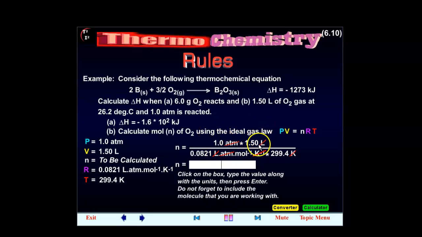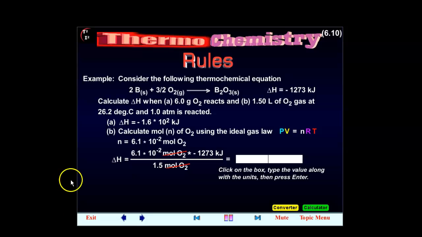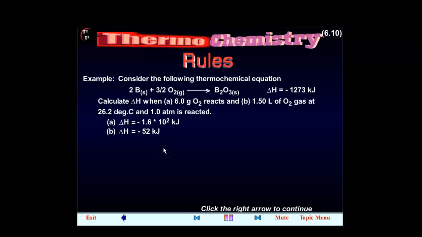Once you plug these values into your calculator, you should get n equals 6.1 times 10 to the negative 2 mole of oxygen. Then delta H will be these values over 1.5 moles, and the answer is negative 52 kilojoules.